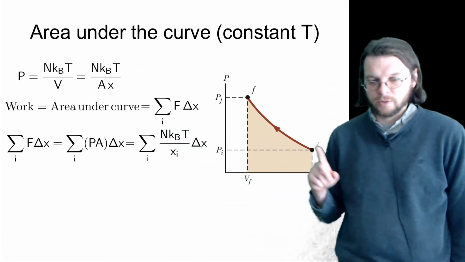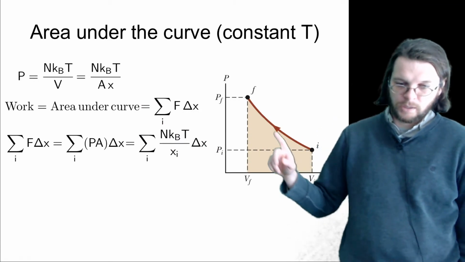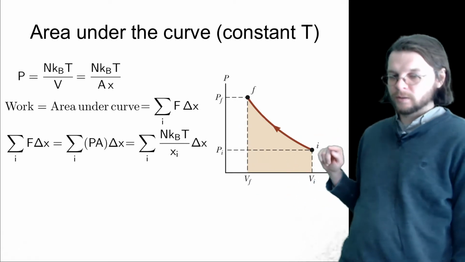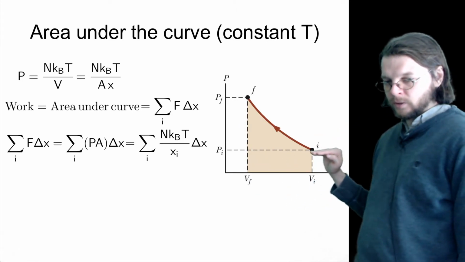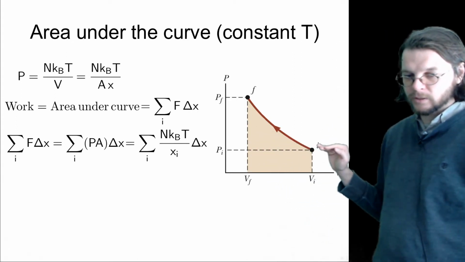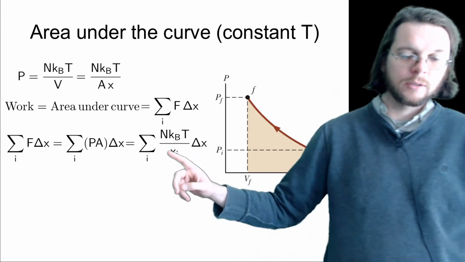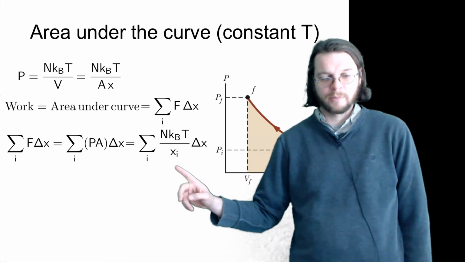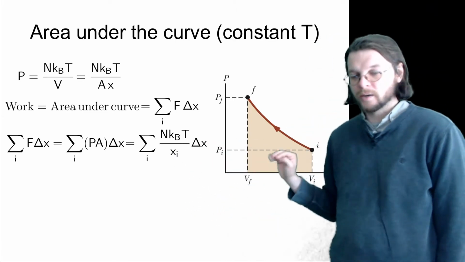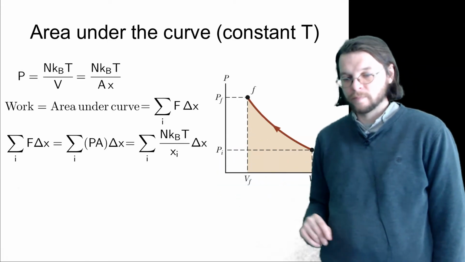What we're going to do is break up this sequence into tiny little pieces. As we compress this thing, we're going to go shove, shove, shove, shove, until it gets all the way to that smallest volume, right? This sum is just a scary symbol that says each time we're going to compress this thing, and as the pressure gets higher, it's going to be harder to compress, but we're still going to compress it by some amount each time.